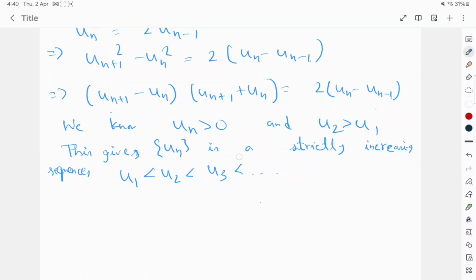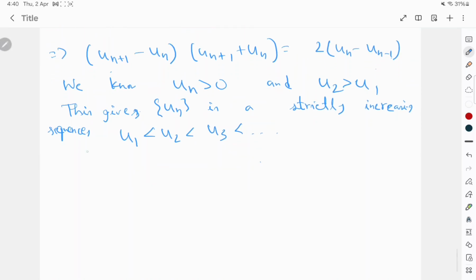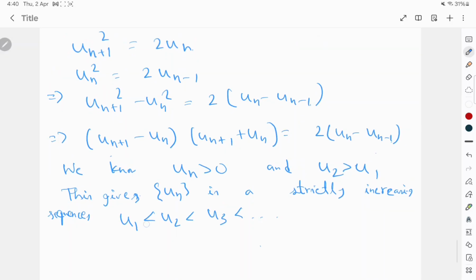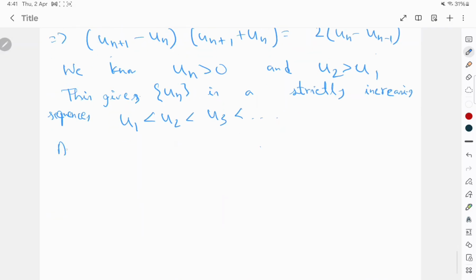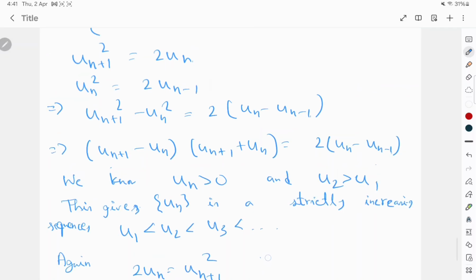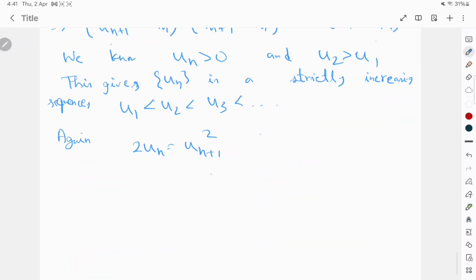Now you see, if I consider it in this way, you have 2 un equal to un plus 1 square, from the first relation. And you know un plus 1 is greater than un, so un plus 1 square is greater than un square.